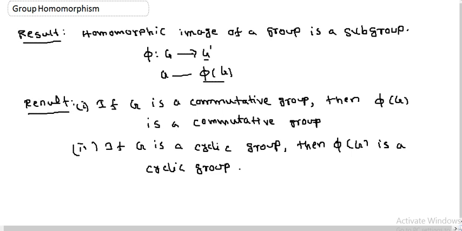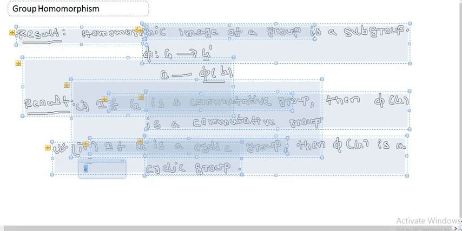They are two results. They may come as MCQ type questions, and you may have to use these tools to prove some future results. Before that, let me quickly give an application of these results.